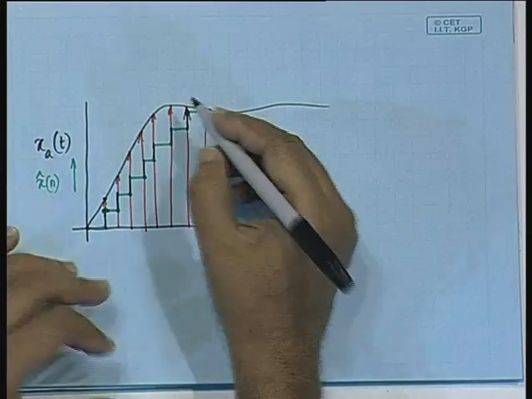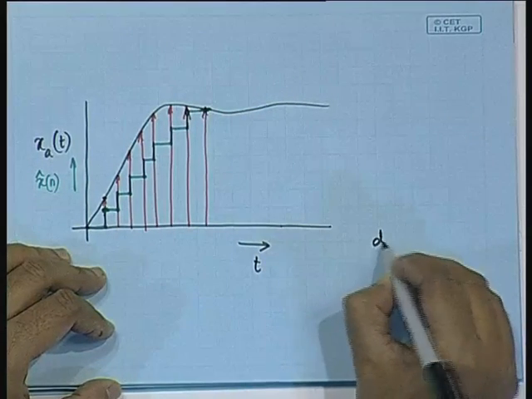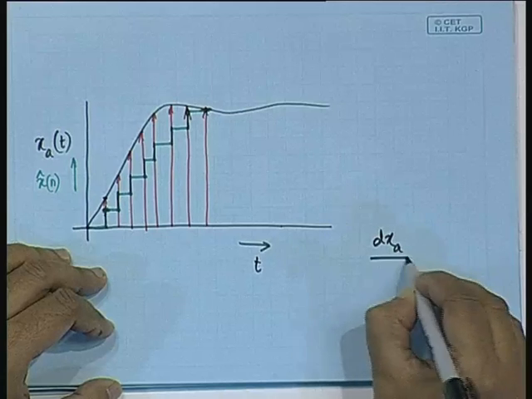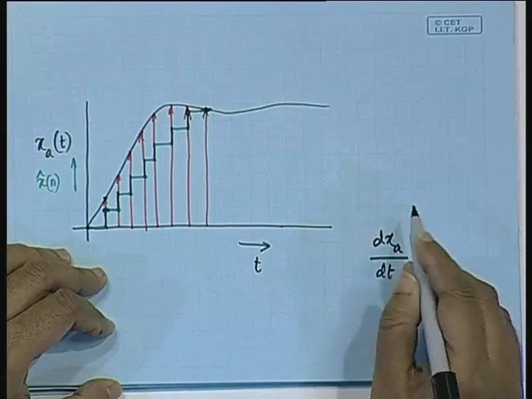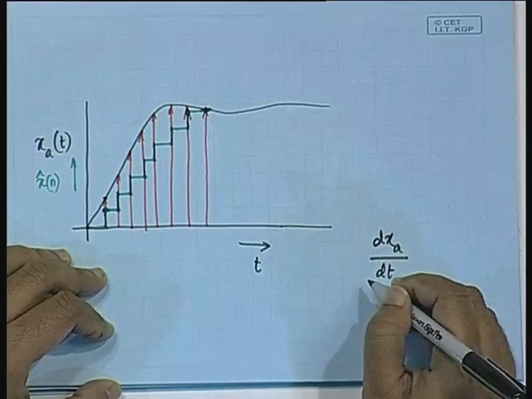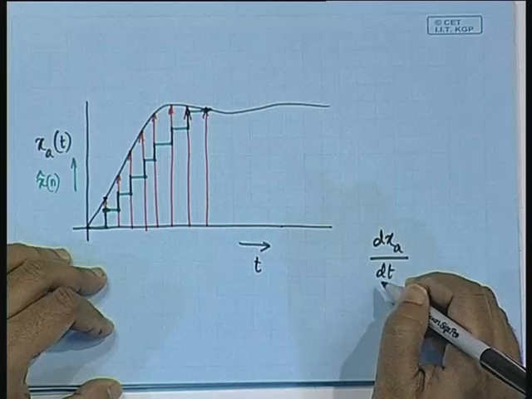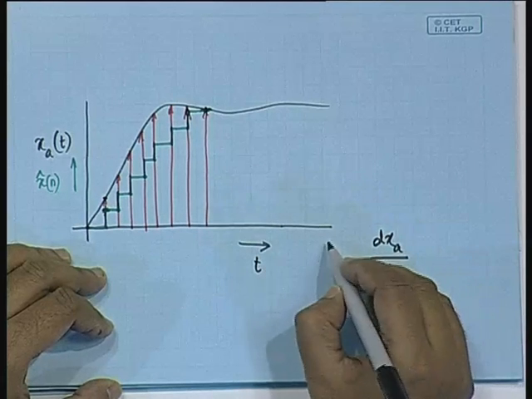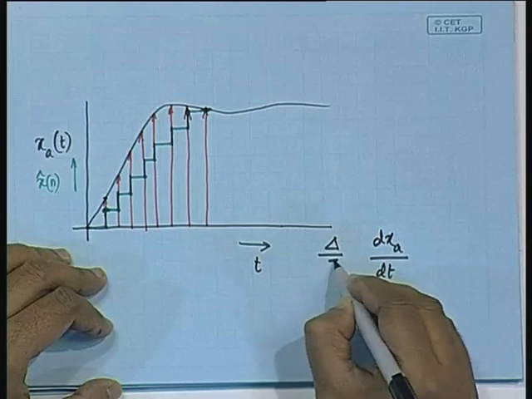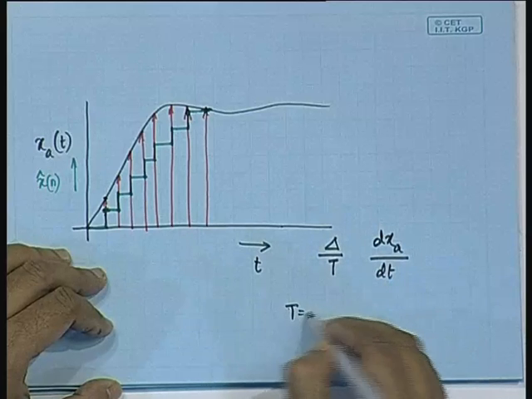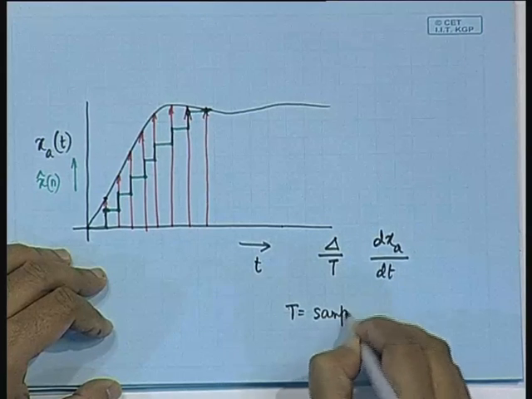Would it have happened if the time derivative of this waveform, dx a by dt, were less than delta by T, where T is nothing but the sampling period?